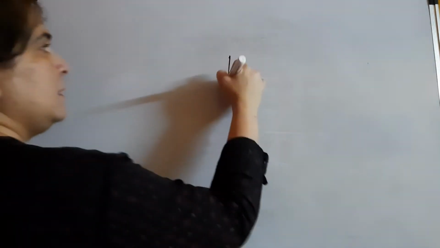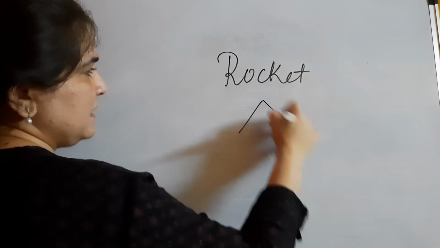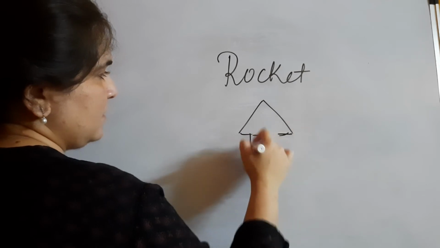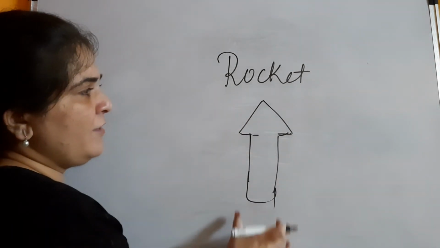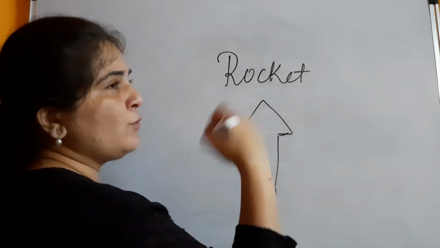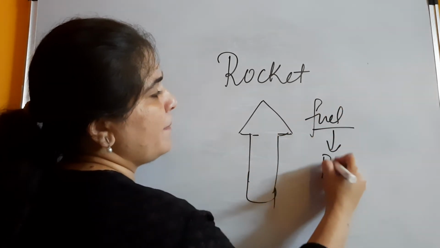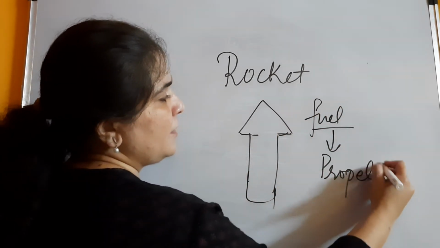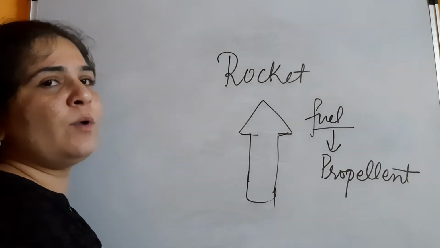rocket. Okay, you must have seen that the rocket is placed somewhat like this. You just have to assume that this is a rocket. The rocket is always placed in this position, and the moment the fuel starts to burn, the fuel of a rocket is also known as propellant, and propellant is actually a mixture of diesel, petrol, and certain gases.